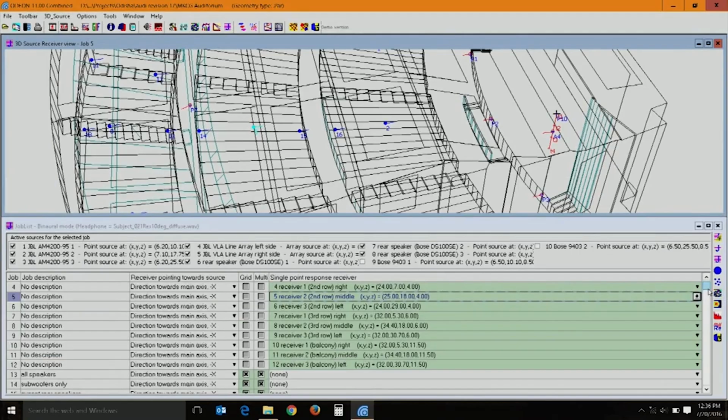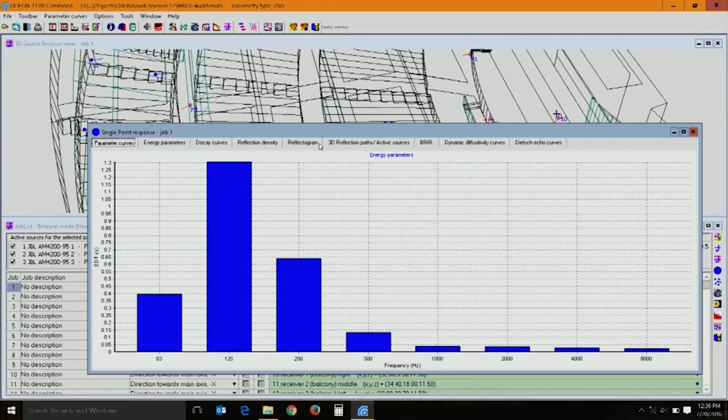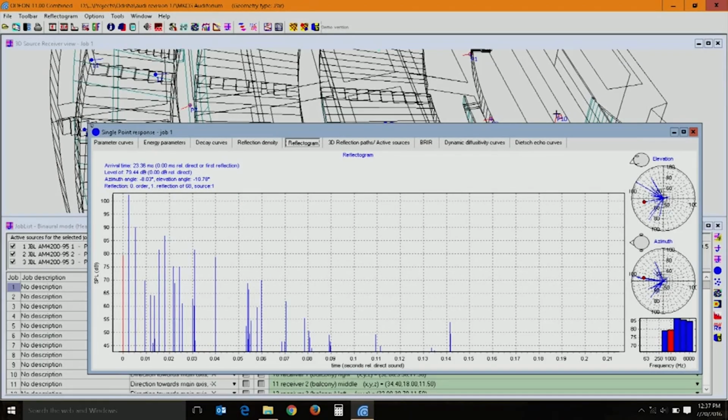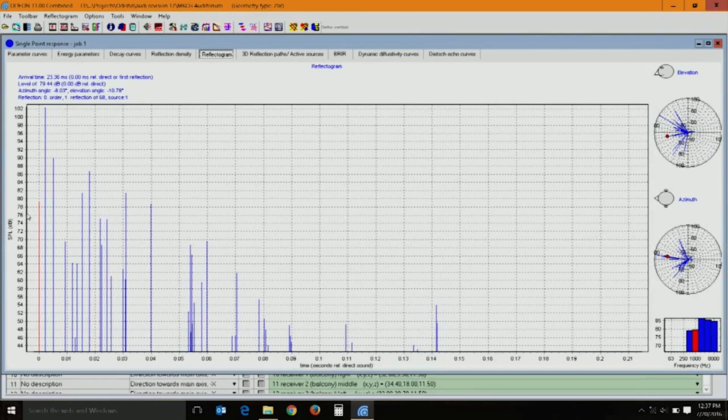Instead, if you go back to, say, receiver number 2 or receiver number 1 for that matter, this reflectogram will vary considerably from one listener position to another. Say we are now talking about listener point 1.